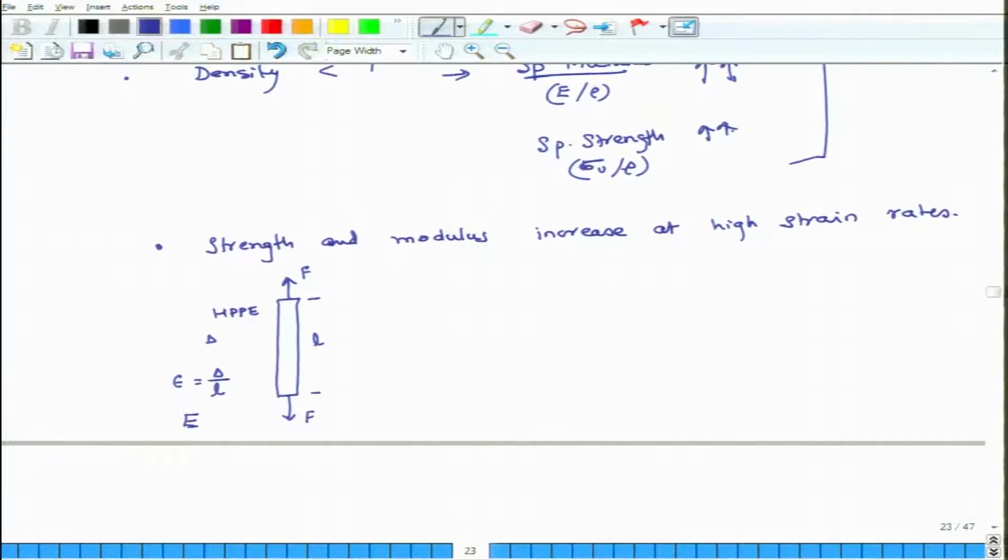Let us say that when I pull it very slowly, in 1 minute I pull it by delta. So, what is the strain rate?